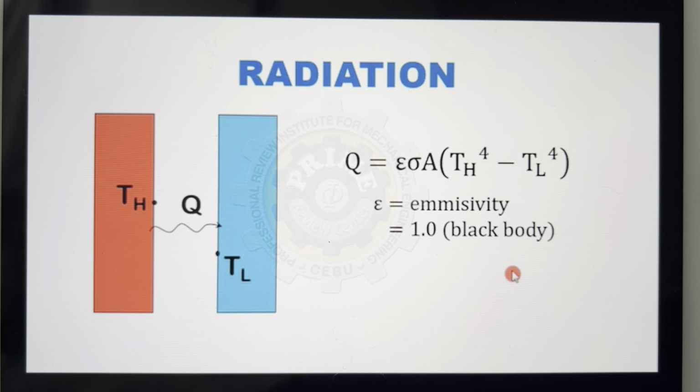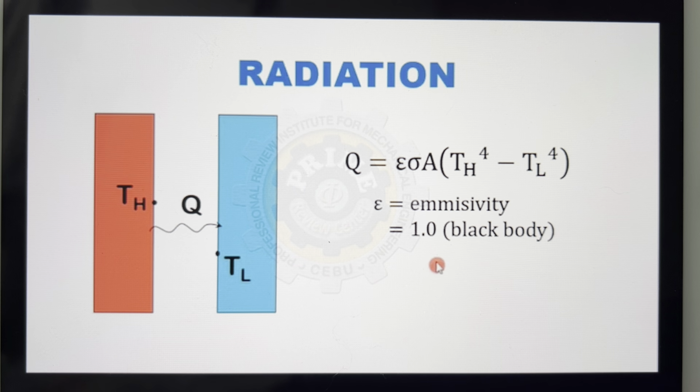Now kapag sinabi nating black body, it does not necessarily mean na yung body is color black. Kasi yung definition natin ng black body sa heat transfer is actually a body that is ideal for heat absorption. So ibig sabihin, lahat ng heat na itatransmit is i-absorb ng black body.